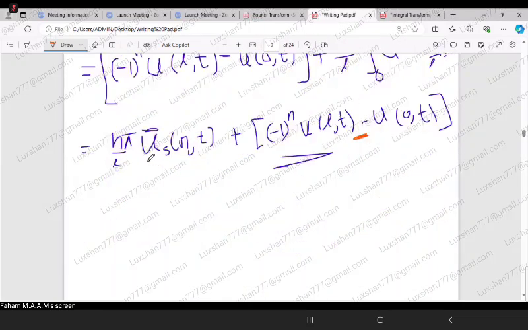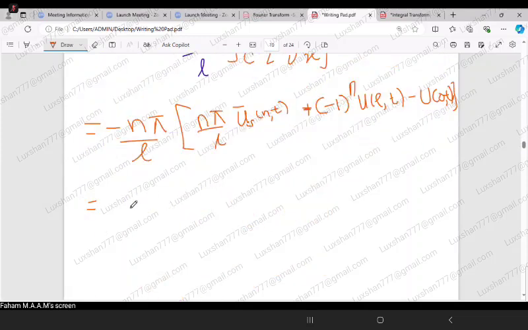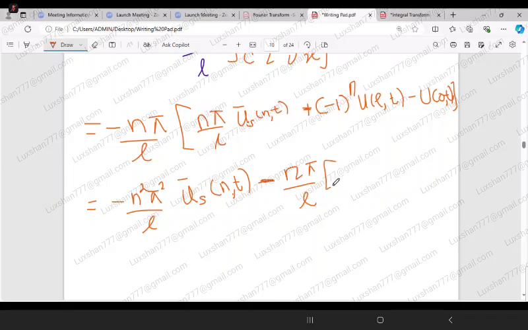So that is equal to, if I multiply this one, you will get minus n squared pi squared over L squared u bar s n, t, minus n pi over L, minus 1 to the power n, u L comma t, minus u 0 comma t.